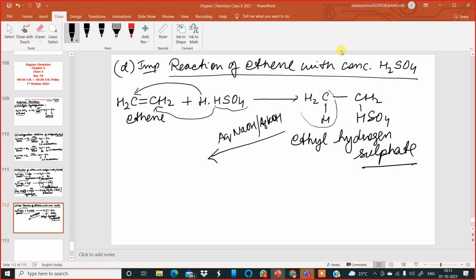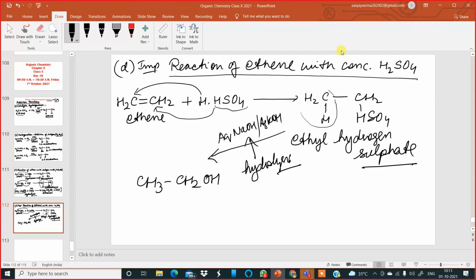So it will produce an alcohol, CH3CH2OH. This step is called hydrolysis. So this is how we can also prepare alcohol from ethene by reaction with concentrated sulfuric acid.